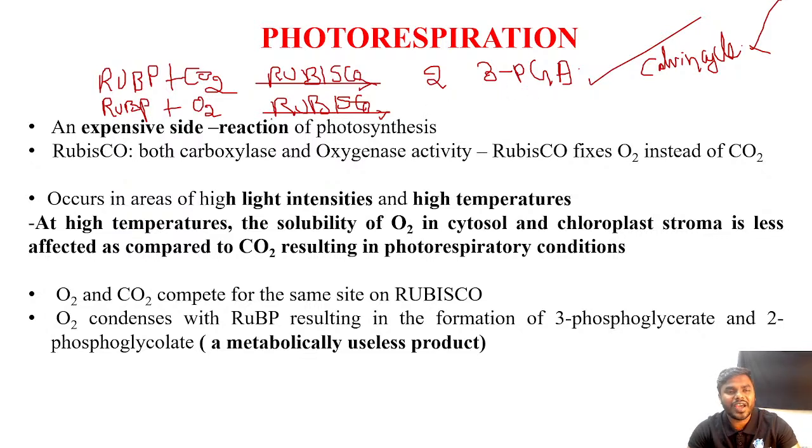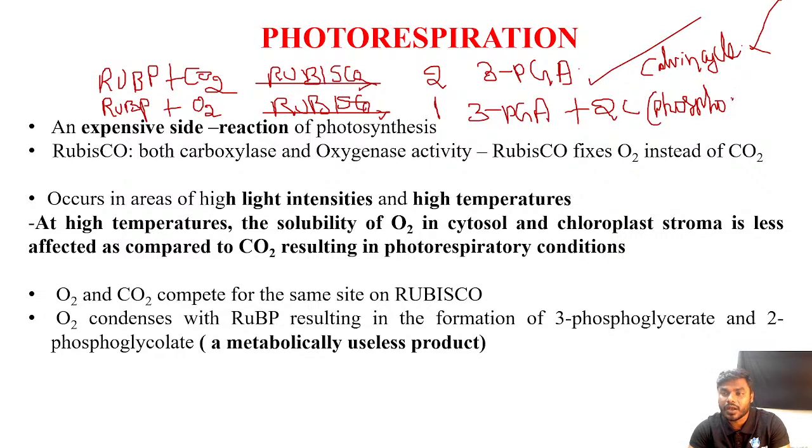By using 5 carbon, how many 3-PGA will we get? We will get only 1 molecule of 3-PGA. Then how many carbons are left? 2 carbons are left. This 2-carbon compound, what do we call it? You have to remember this: we call it phosphoglycolate.